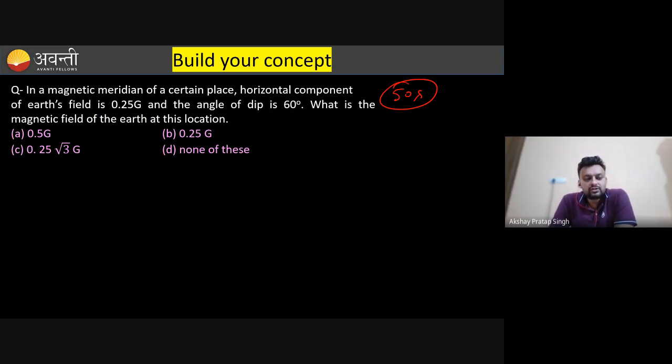How many of you are JEE aspirants and how many of you are NEET aspirants?